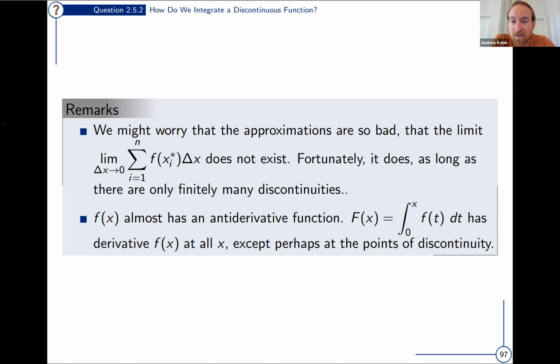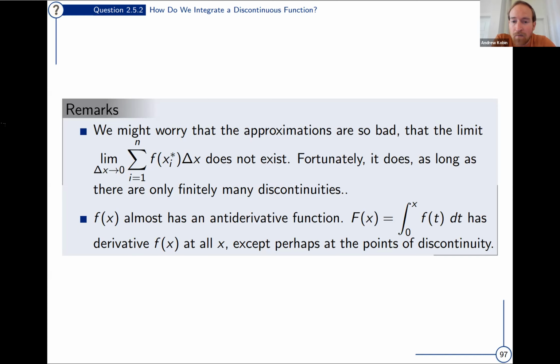Another thing to consider is somehow we'll be able to use the second part of the fundamental theorem of calculus to evaluate once we decide how to split up our region. But another thing to consider, this comes from the first part of the fundamental theorem, is how we can make sense of an antiderivative of a given function. Remember that an antiderivative is a function capital F of x, whose derivative equals our given function, in this case, little f of x.